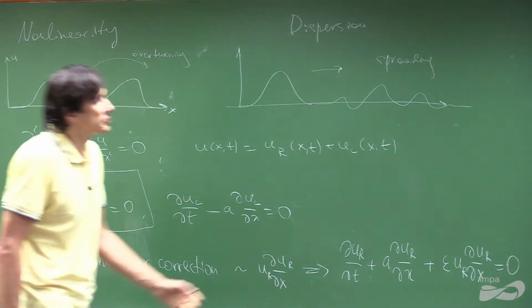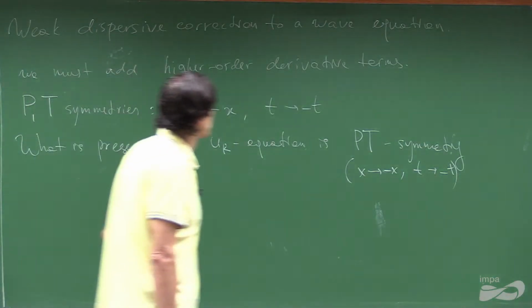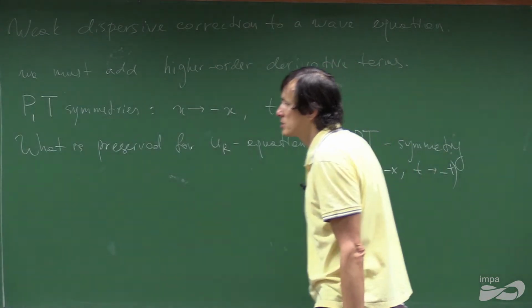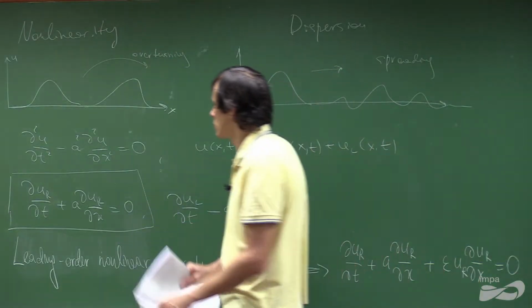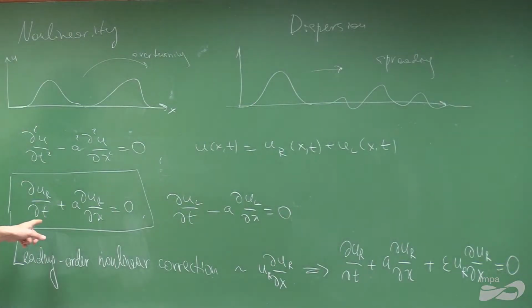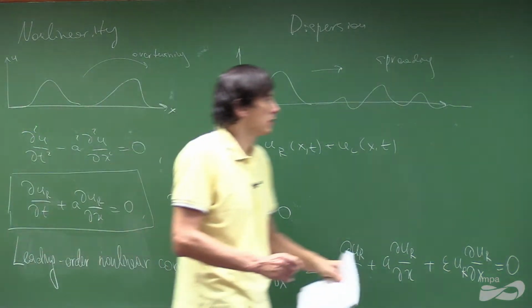Since these symmetries are not broken, we still keep them. So what we should keep is the PT symmetry for this equation. Whenever you change the sign of t and x together, the equation should not change. What you see is that when you change t and x together, all terms change to the opposite sign, so it cancels. And that means that second order derivatives cannot enter, because a second order derivative term will not change sign. They will not be invariant. So second order derivatives are forbidden.